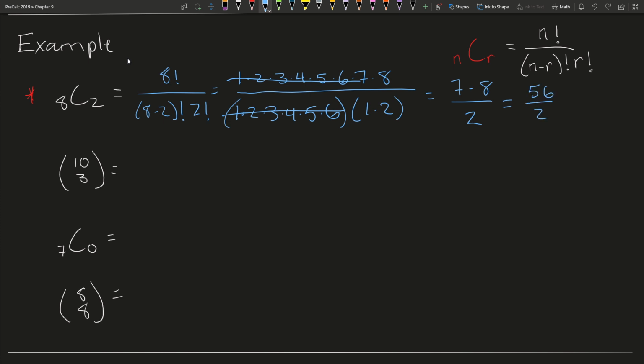So we get 56 over 2, which is just equal to 28. Okay, so questions on that example?